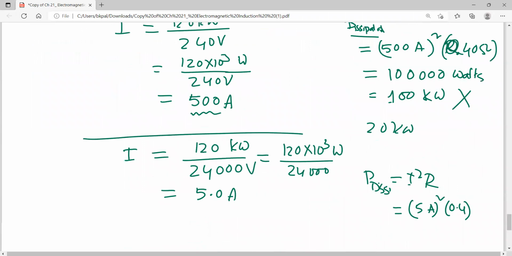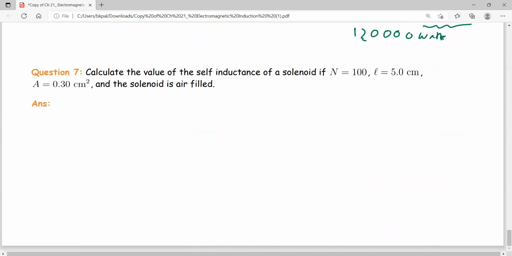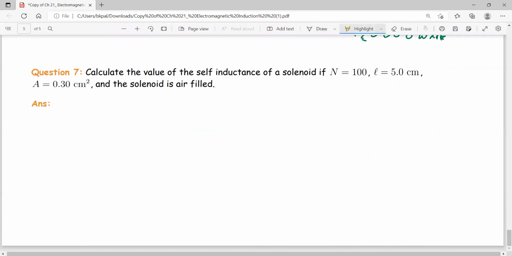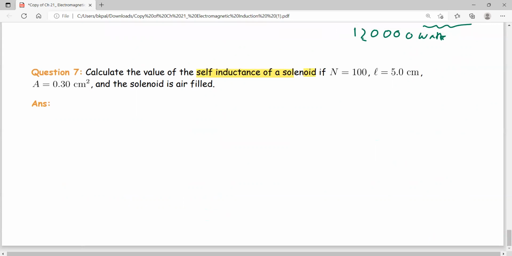All right, the last problem: calculate the value of the self inductance of a solenoid, given N equal to this, l equal to this, A equal to this, and the solenoid is air filled.